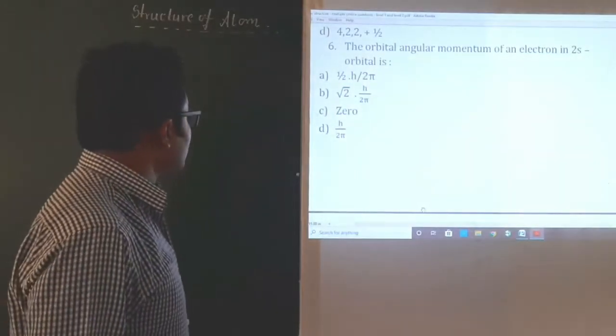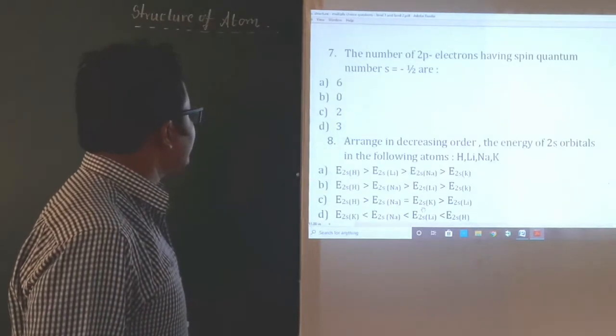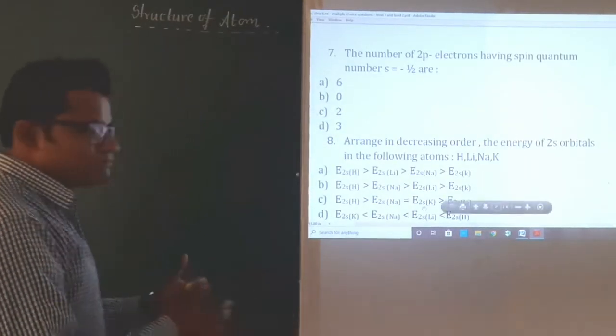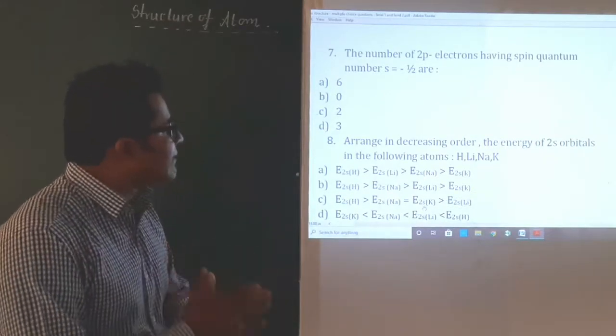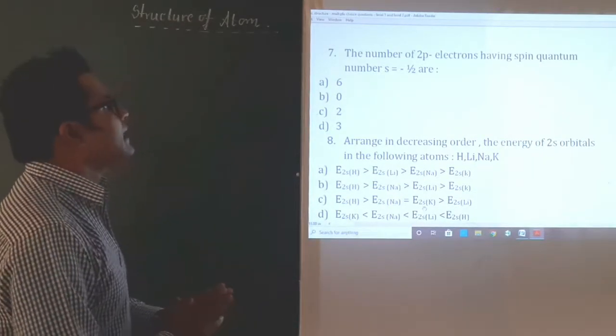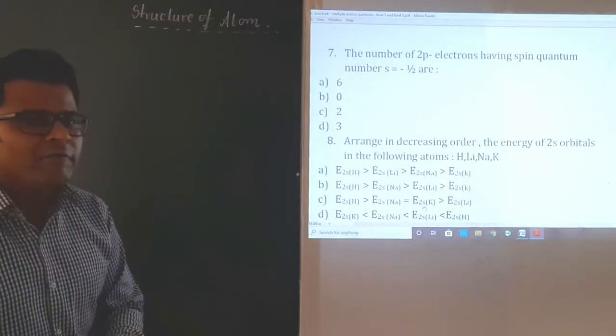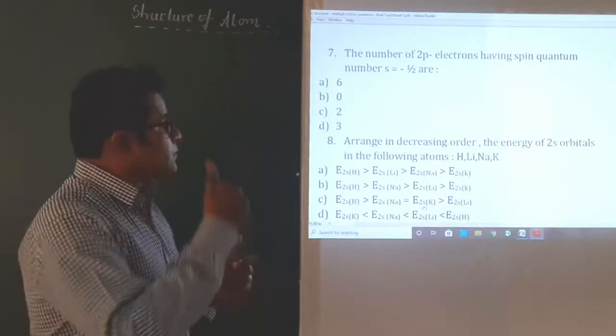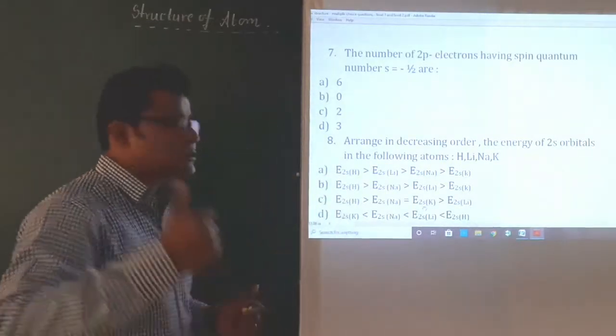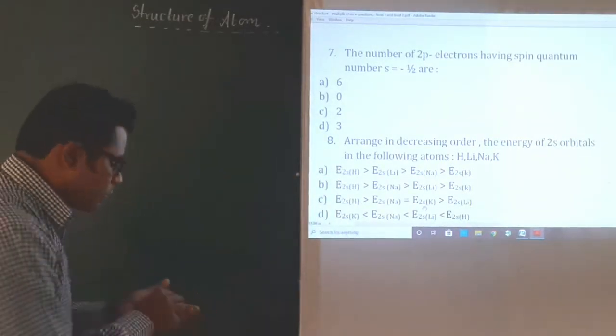Moving forward with the next question, question number 7. It says, the number of 2p electrons having a spin quantum number s equal to minus half are. So, how many 2p electrons are we going to have which have the spin quantum number s equal to minus half? Alright.